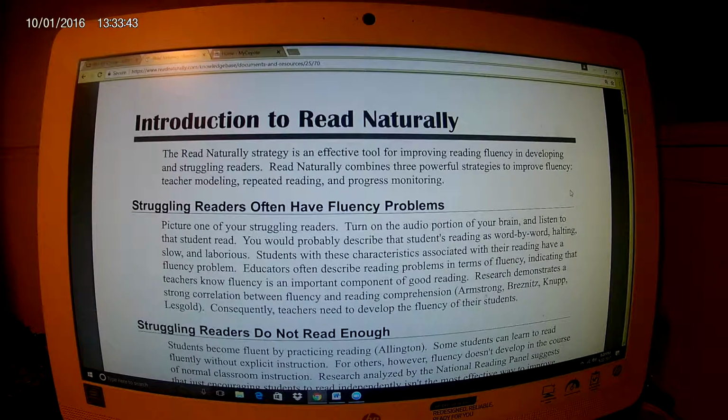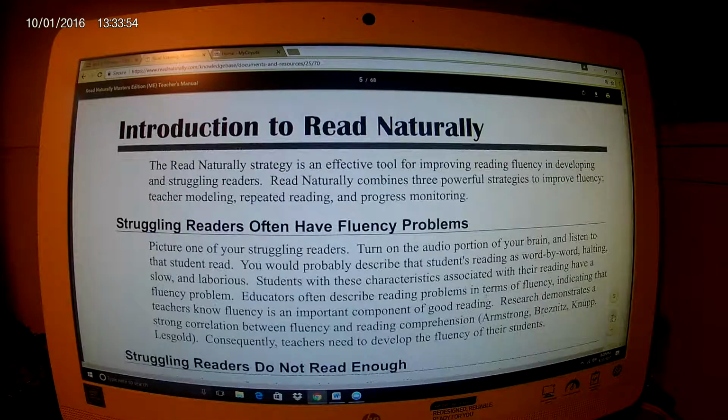Reading is one of the biggest difficulties they have, especially fluency and then comprehension that follows. So the Read Naturally strategy is an effective tool for improving reading fluency and developing struggling readers. Read Naturally combines 3 powerful strategies to improve fluency: teacher modeling, repeated reading, and progress monitoring.